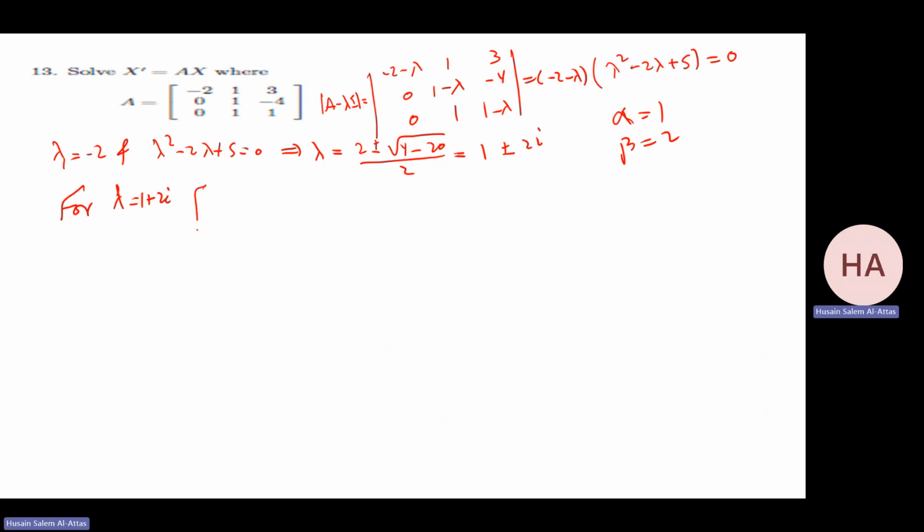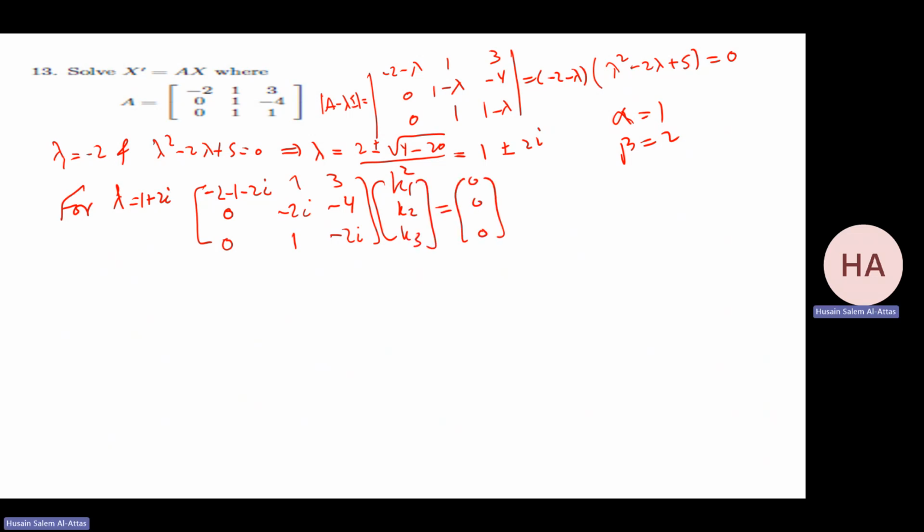So now for lambda 1 plus 2i, what will happen? The system will be a little bit complicated. Minus 2 minus 1 minus 2i, 1, 3, 0, 1 minus 1 minus 2i, minus 4, 0, 1, 1 minus 1 minus 2i, times k1, k2, k3 equals 0, 0, 0.